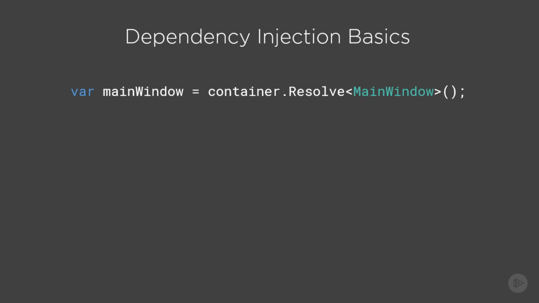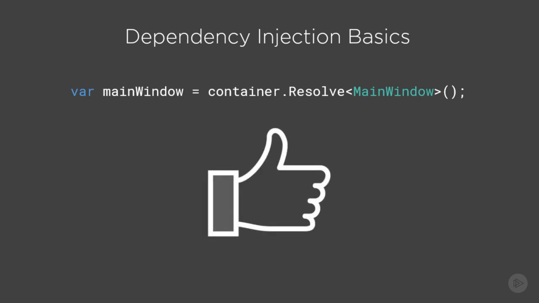And now the nice thing is, when we change the constructor parameters of our view models, we don't have to touch this code anymore. And that's the reason why I really like this piece of code. Now let's look at some popular dependency injection frameworks available for .NET before we use one in the Friend Storage application.